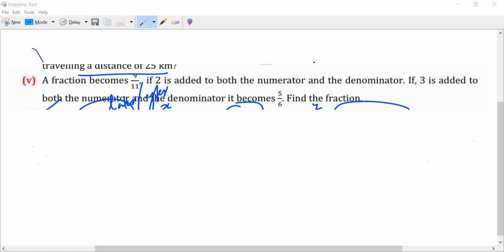Yes, 9 by 11, 5 by 6. Correct only. Devasri, excellent. Perfect, Devasri.